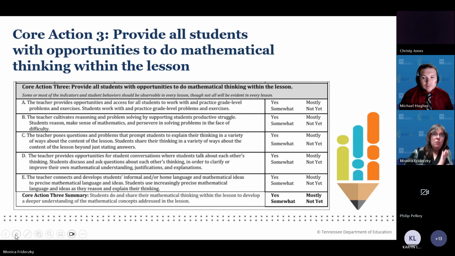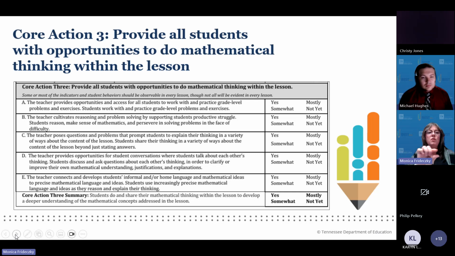Now, I want to point out that there is an inherent connection between the teacher moves and the subsequent impact those moves have on the student practices. It's the teacher moves that influence or allow those student practices to happen.